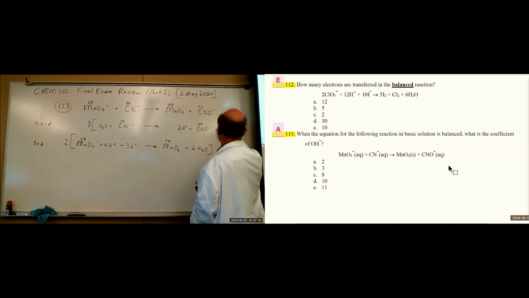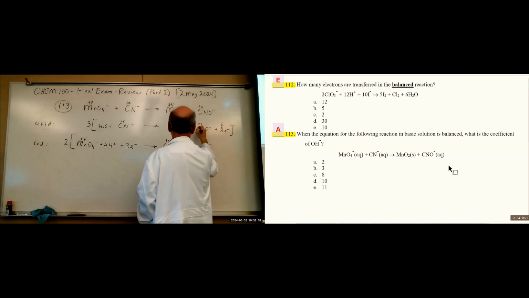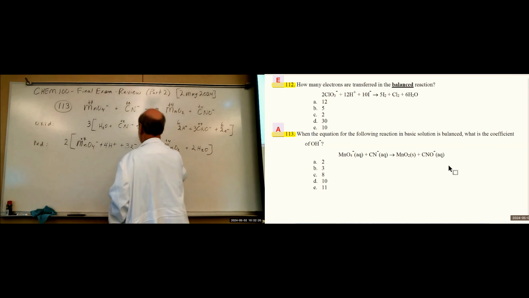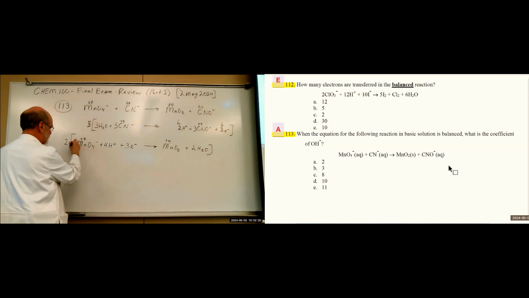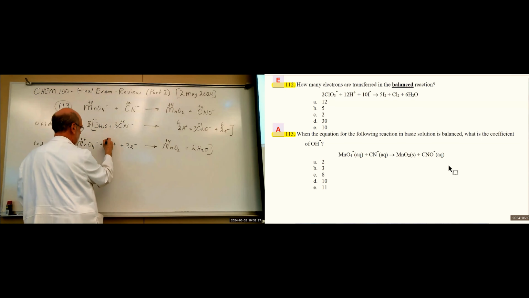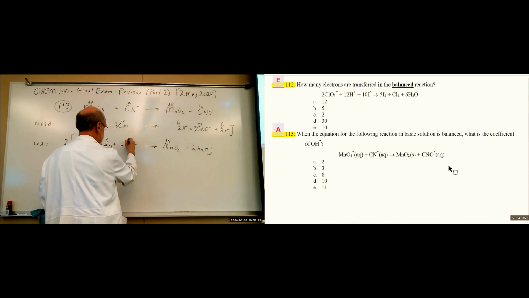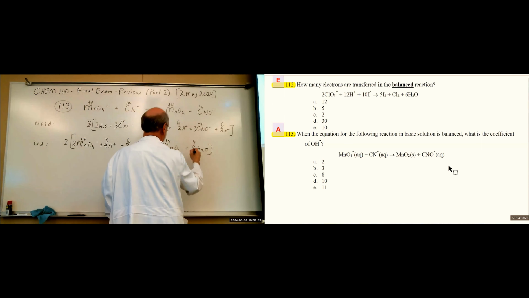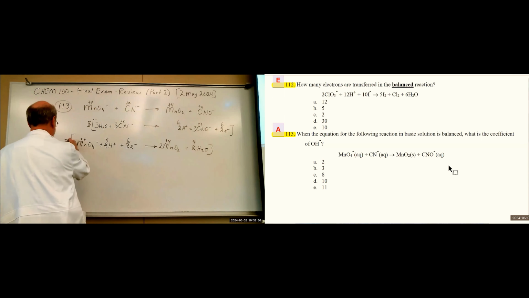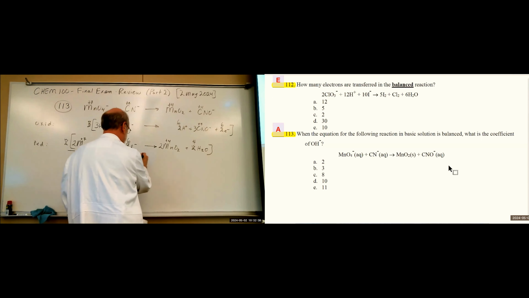So 3 times 2 is 6, and then 3 here, and then 6 there, 3 here, 3 here, and 2 here, and 8 there, 6 there, 2 here, and 4 there. Okay. Now we can add together.